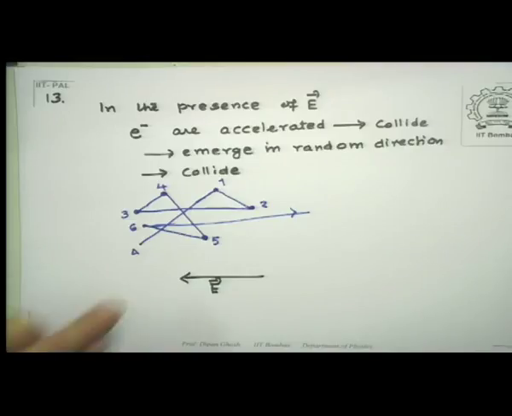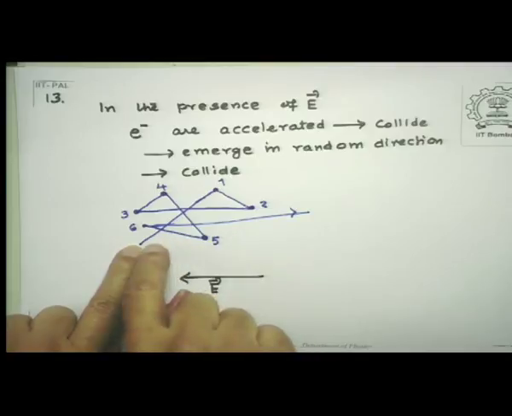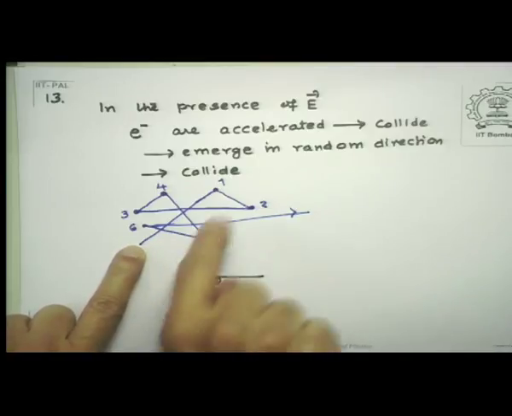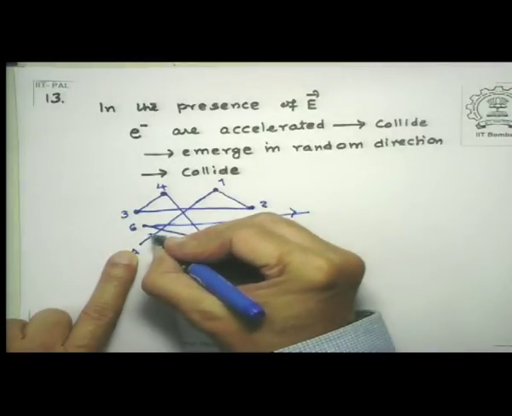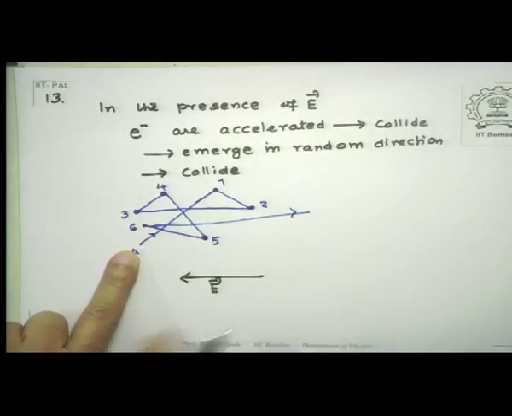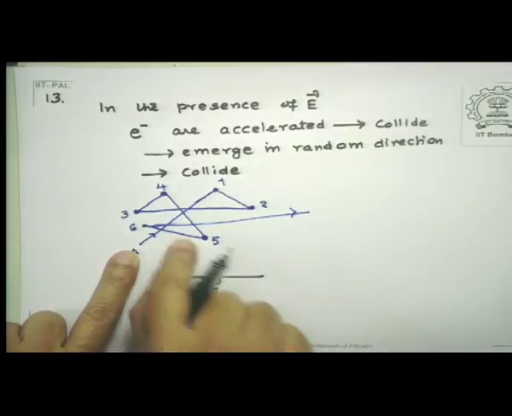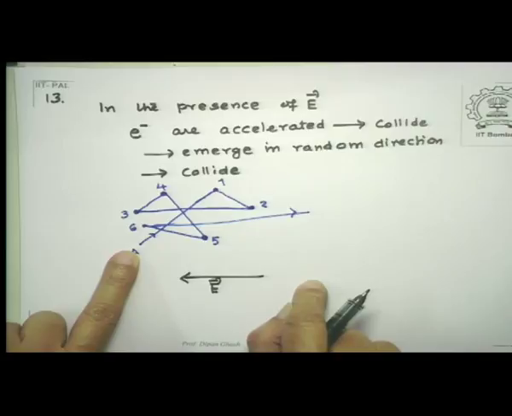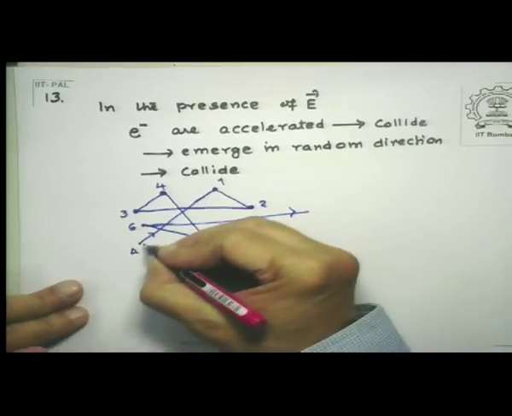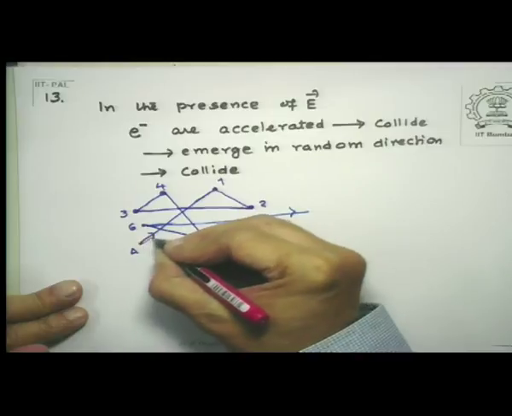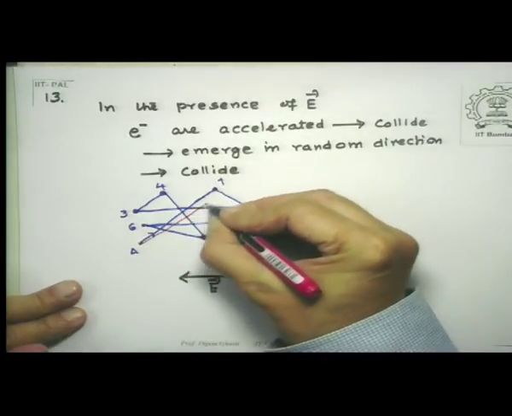So the electron's velocity, because it has a velocity in the absence of electric field in this direction, but there is an electric field in this direction providing it an acceleration in that other direction. So therefore what will happen is that this electron would not quite follow this path, but it will take a path which is fairly close to it and maybe go like this.